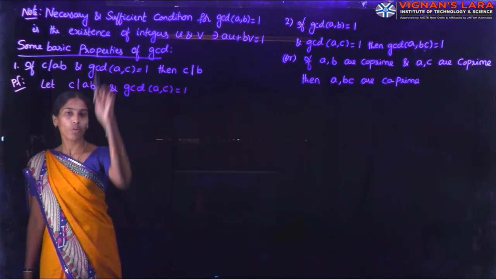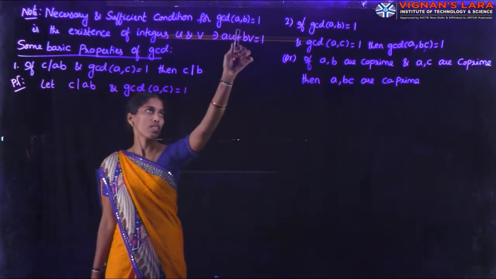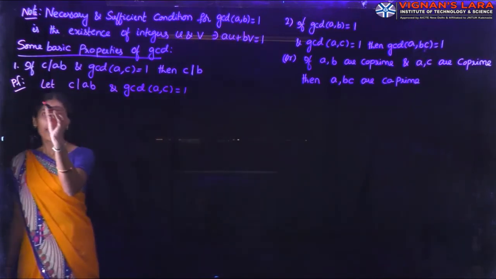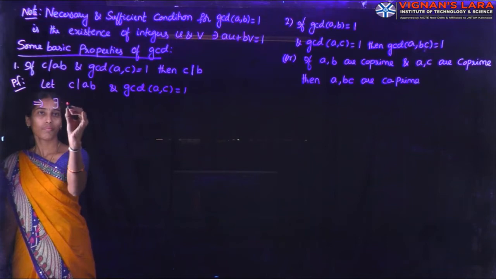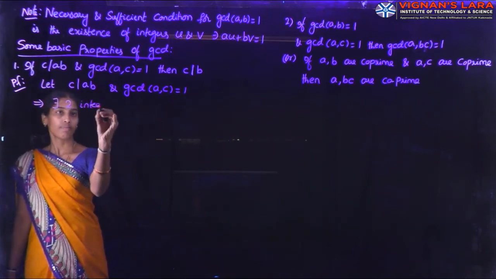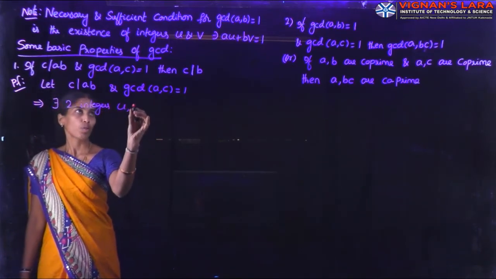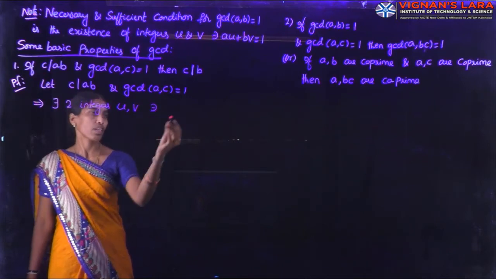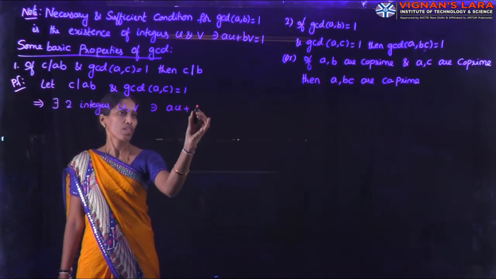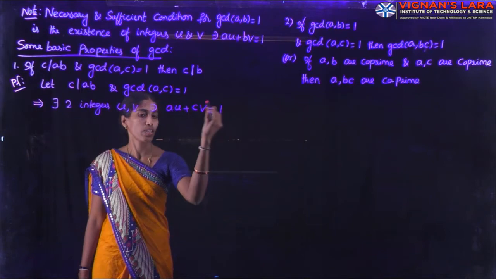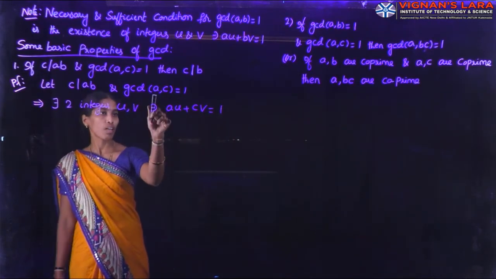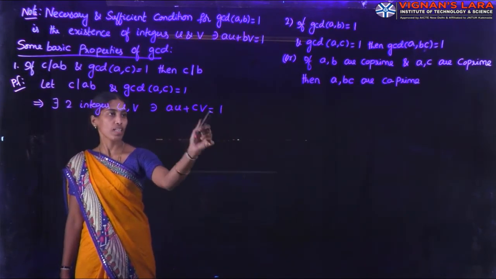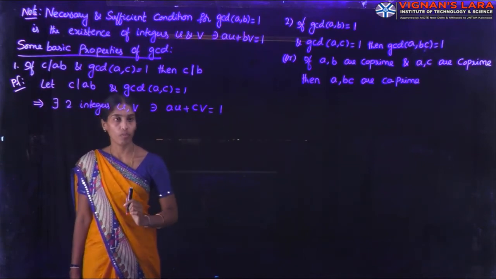Using this note, whenever the GCD value is equal to 1, there exist two integers U comma V such that AU plus CV is equal to 1. So, an integral combination of A comma C is equal to the GCD value.